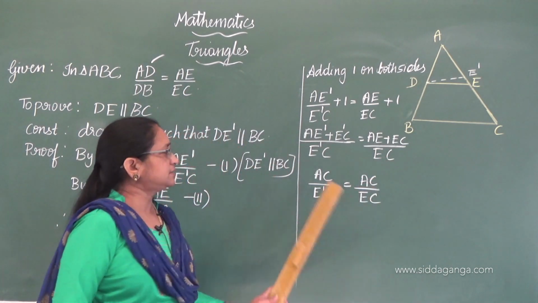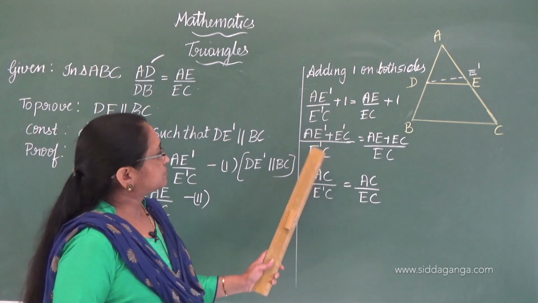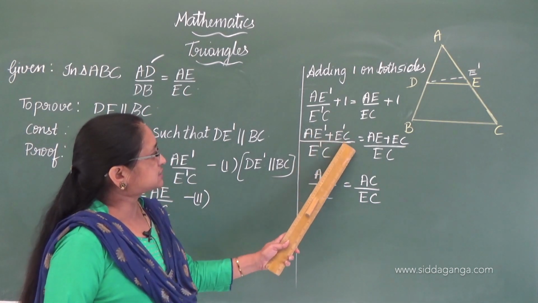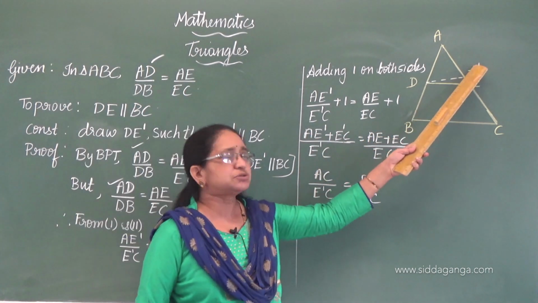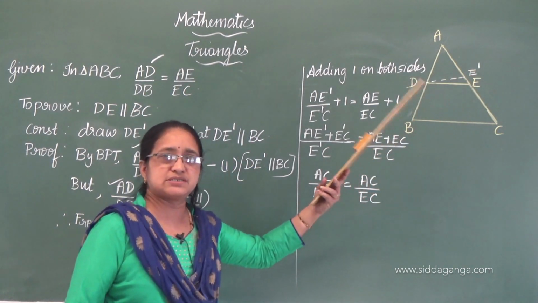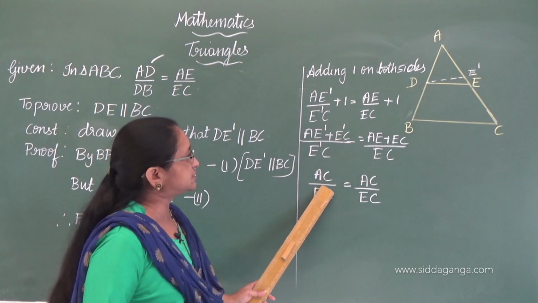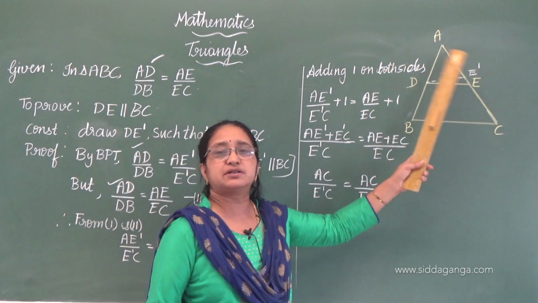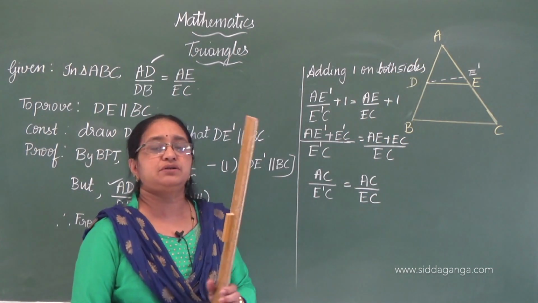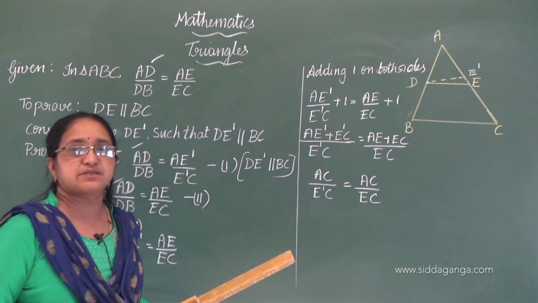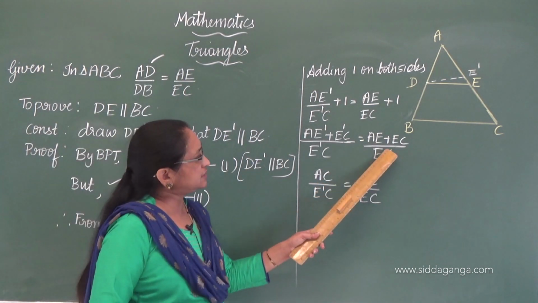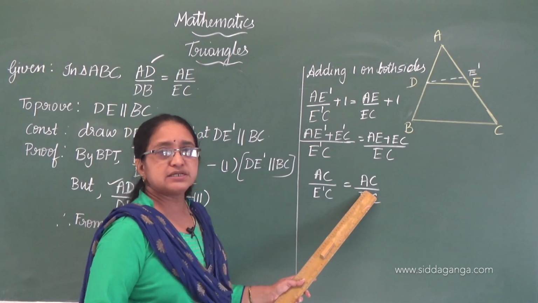I hope it is clear. Instead of E dash you can take F also, that will be easy for you. AE dash plus E dash C is equal to AC. Since the same figure is drawn in your textbook, I don't want you to get confused, so I have taken the same letter. So, AE plus EC will be AC.